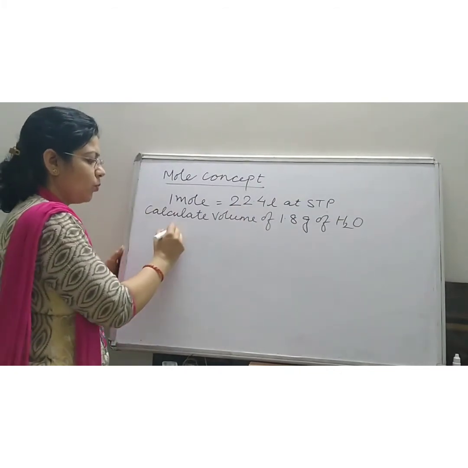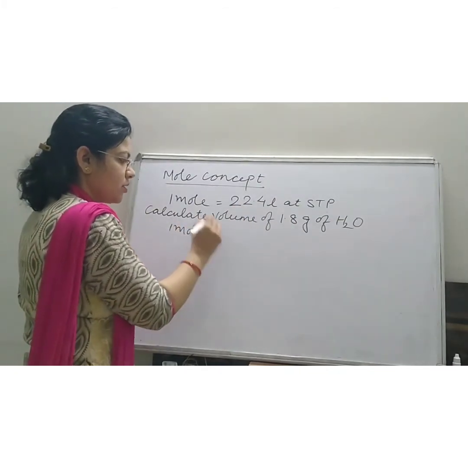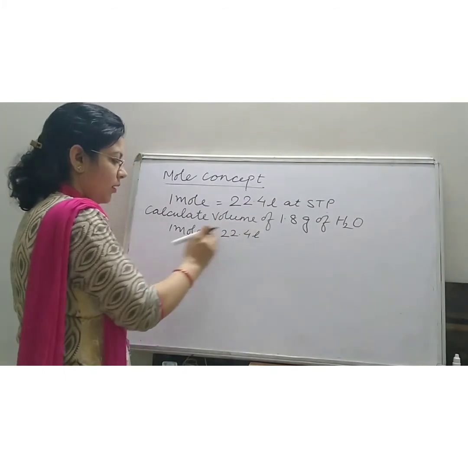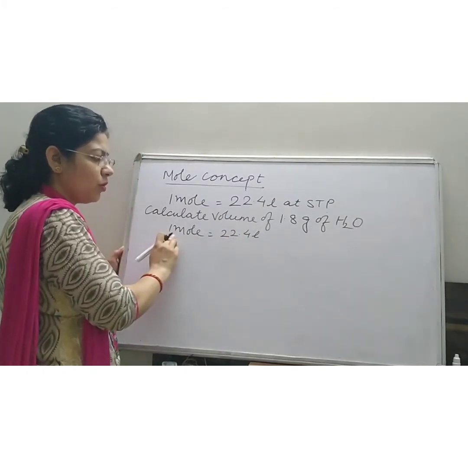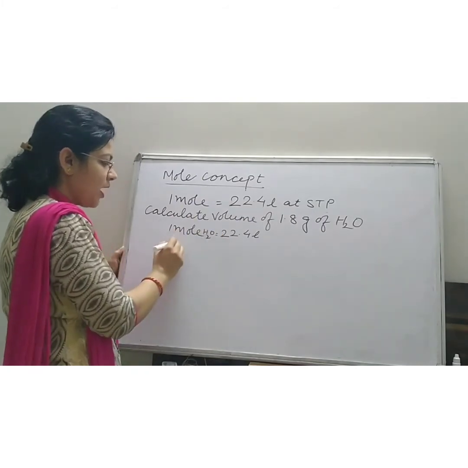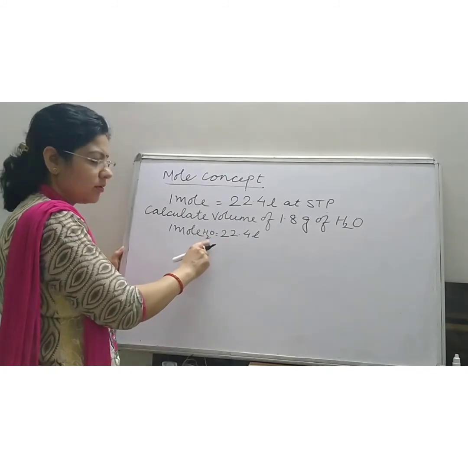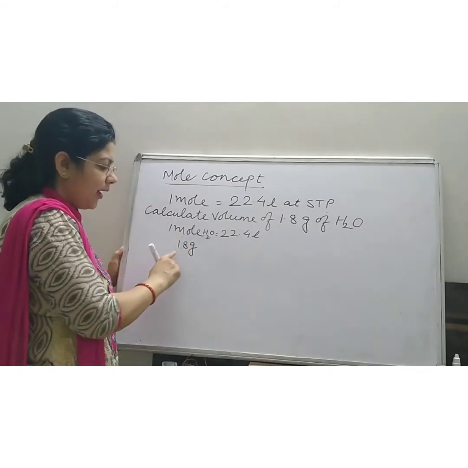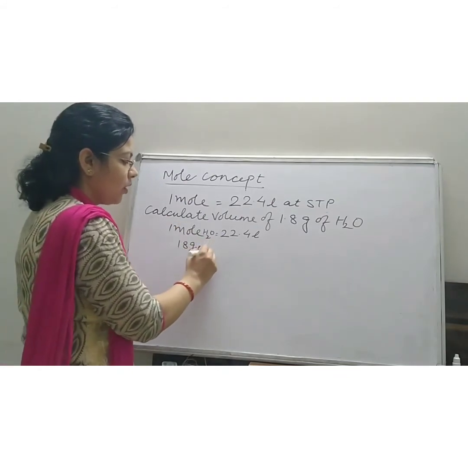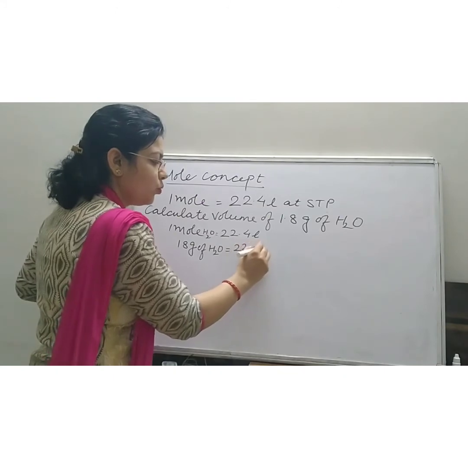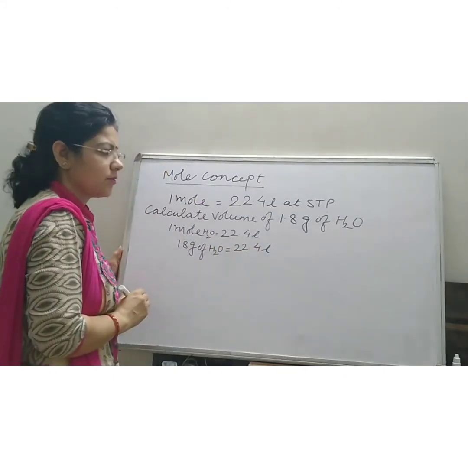You know that 1 mole is equal to 22.4 liters, and in 1 mole of water the mass present is 18 grams. Means 18 grams of water has volume 22.4 liters.